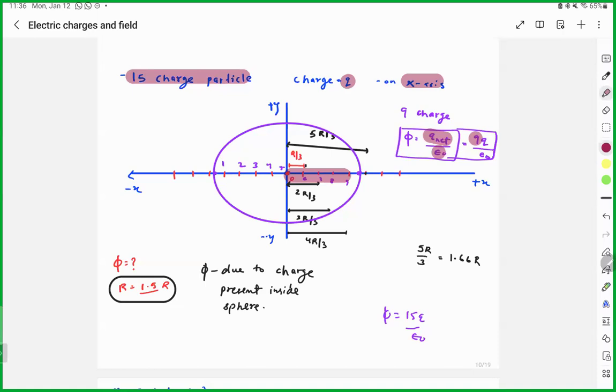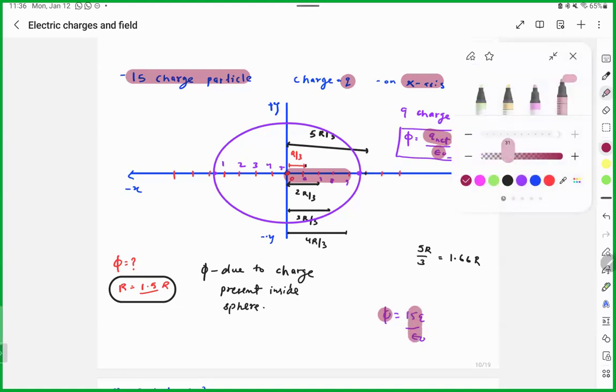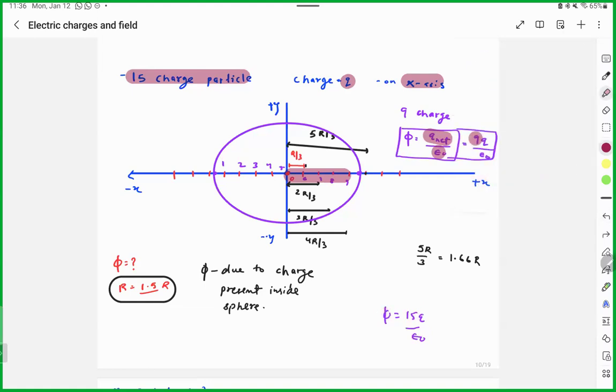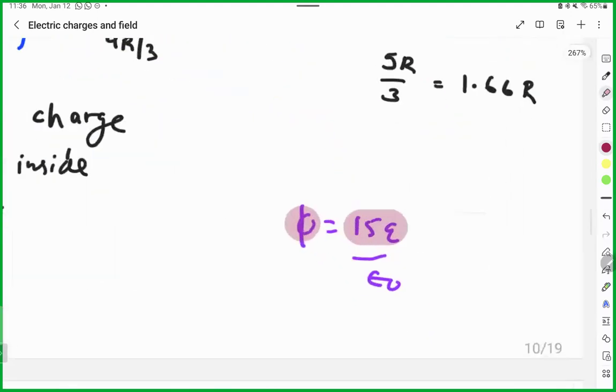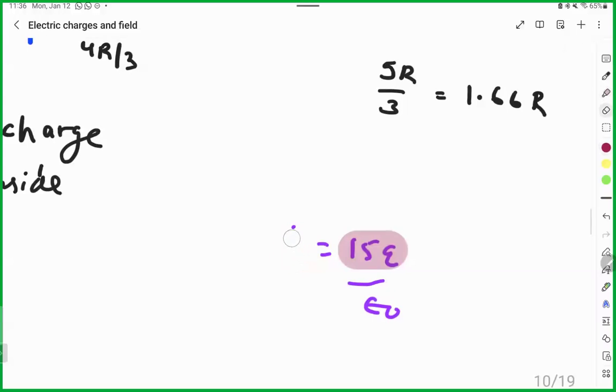I have to check this question. I think we don't have the complete question, because calculating electric flux overall will be extremely easy. Why? Because you have a total charge of 15 charged particles. This is the simplest method. To calculate electric flux, take the total amount of charge, and the absolute value remains the same.